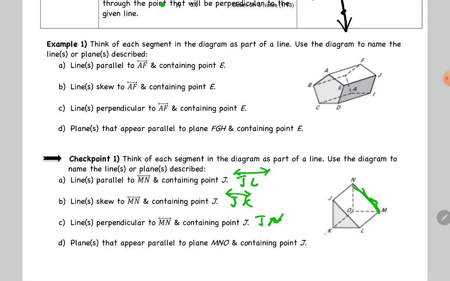That includes point J. And then planes that appear parallel to M and O. Then we have JKL. So plane JKL, that one's a lot easier to see. We see that triangle there is one plane, and that triangle is another plane. They don't intersect. They're actually parallel.